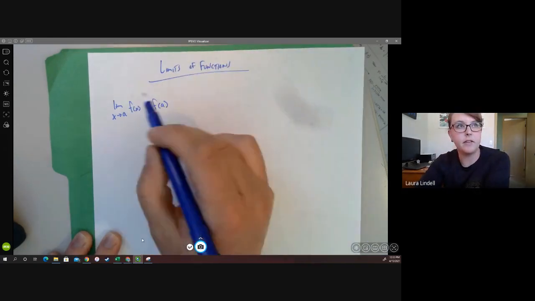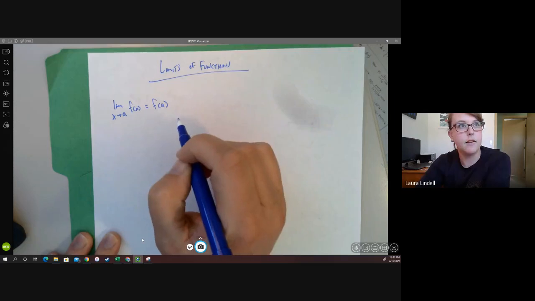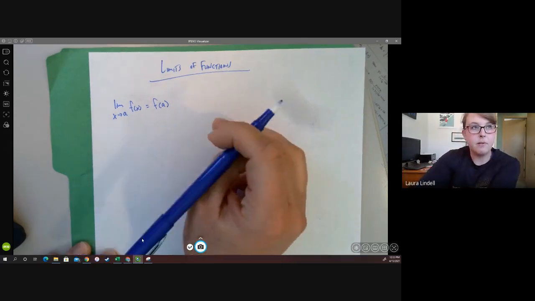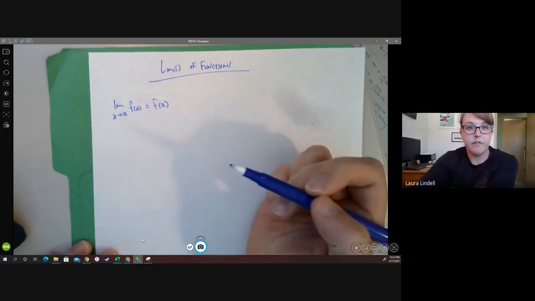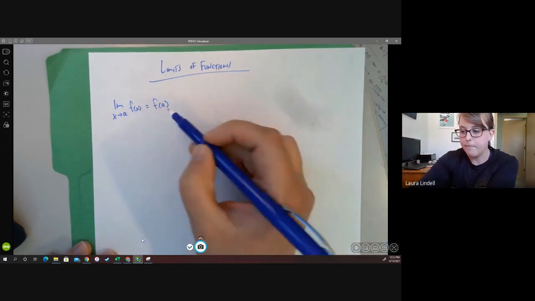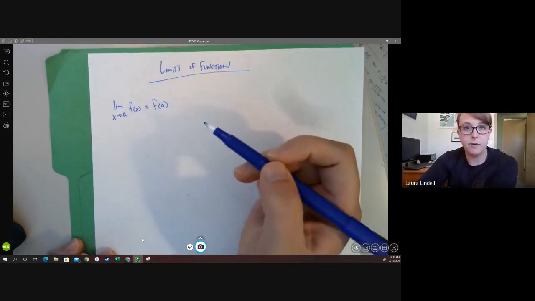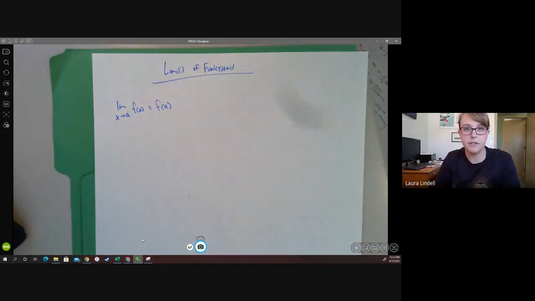Much of this is about evaluating a function at a value a to figure out what that function value is, because if the function value exists there, that is typically the limit.